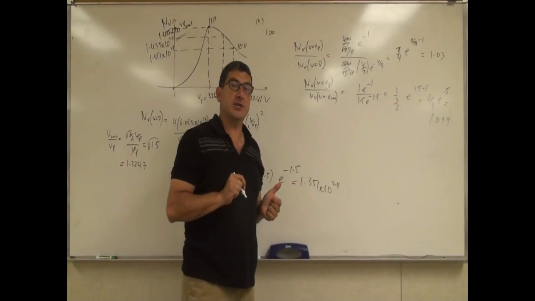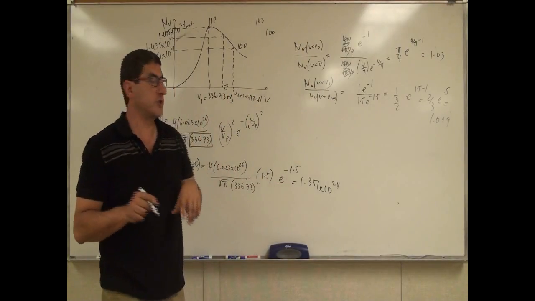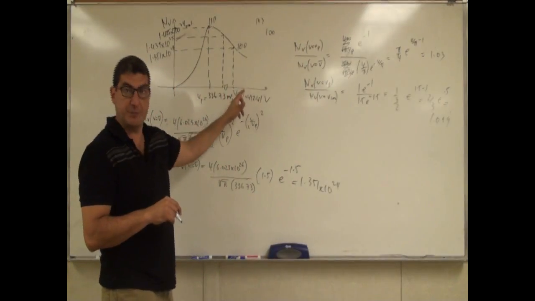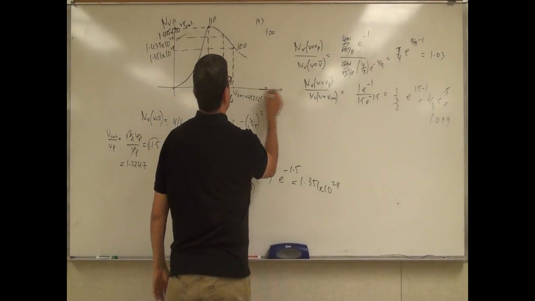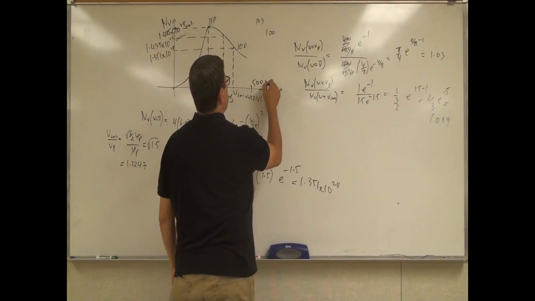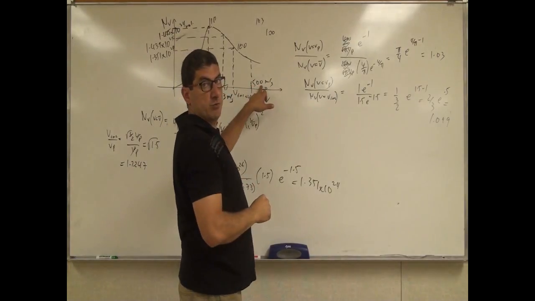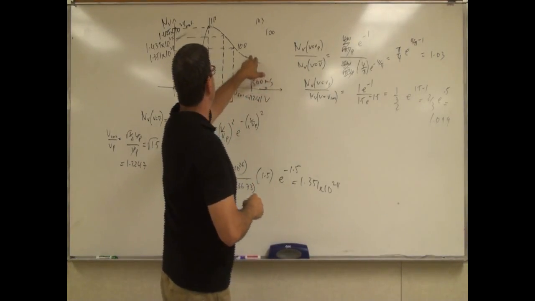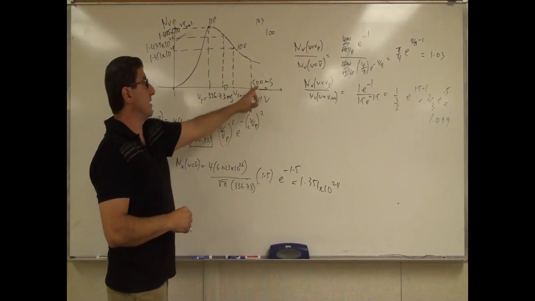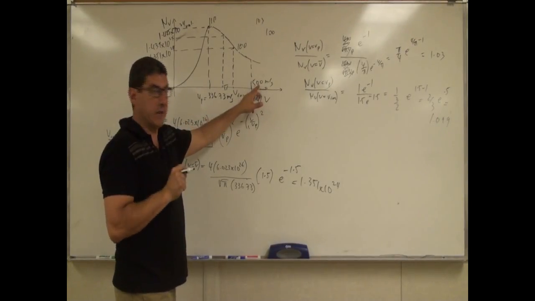But now if I were to ask you what's the ratio of the number of particles moving at a certain speed, let's say, how many particles are moving at 500 meters per second? Find the ratio of the particles moving at 500 meters per second to Vp. Then at a certain speed, that depends on the temperature, right?